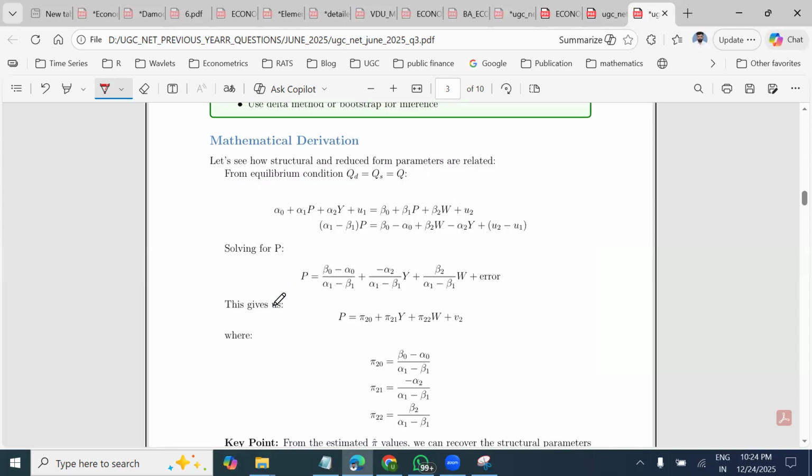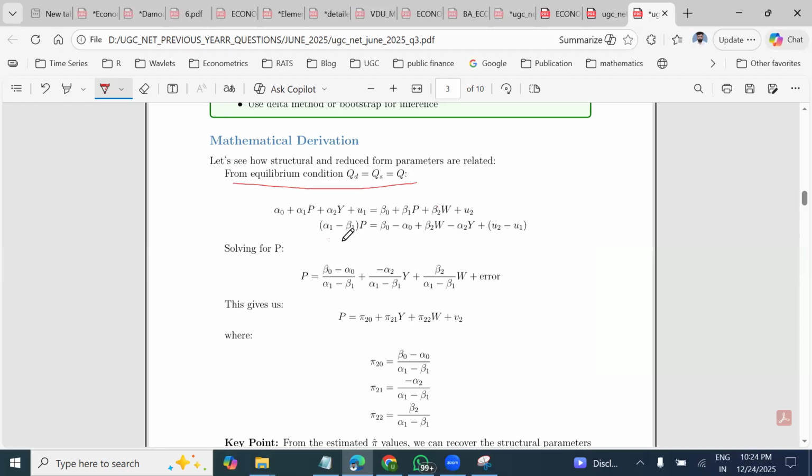Now let us see how it is done. You just see how structural and reduced form parameters are related. Suppose we know the equilibrium condition is QD equal to QS. Now what you have to do is simply equate the quantity demanded equation to the supply equation.